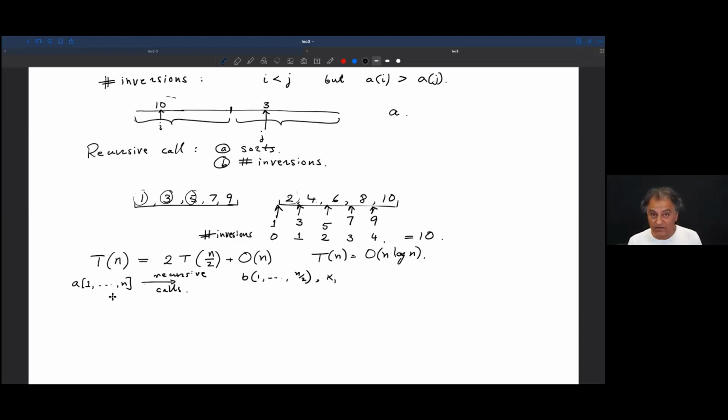Then we call this subroutine on the second half. That gives us back C of 1 through n over 2, another sorted list, and a number K2, which is a number of inversions.